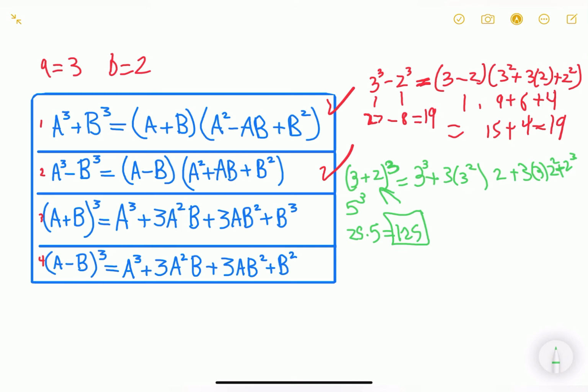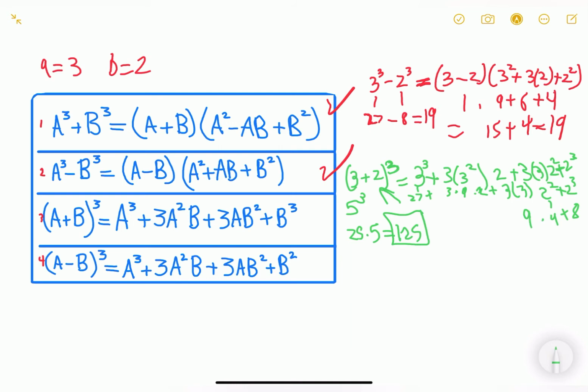We know that 3 cubed is 27, plus what is 3 to the power of 2? 9 times 3 times 2, plus 3 2, plus 2 3. Okay, we're just going to do all the exponents first. So this is 8. 3 times 3 is 9.